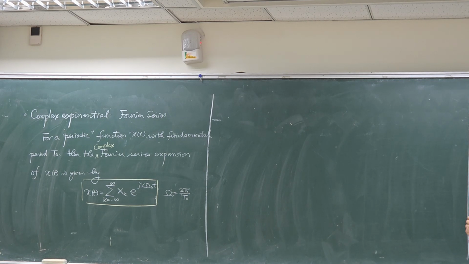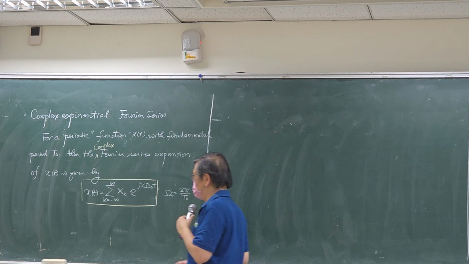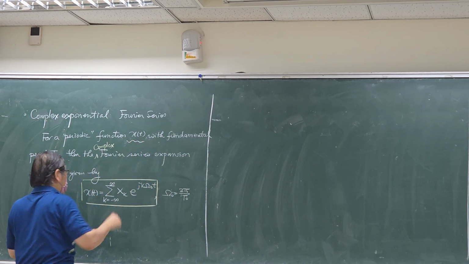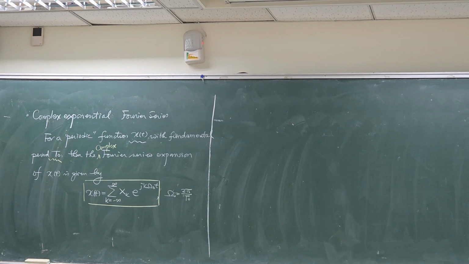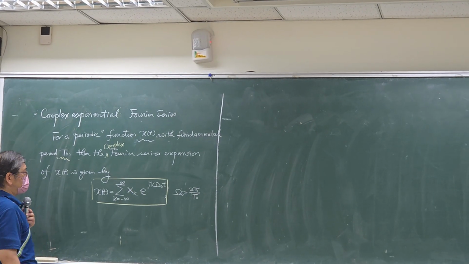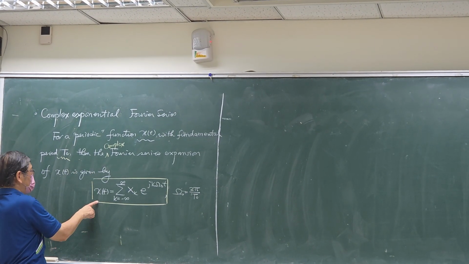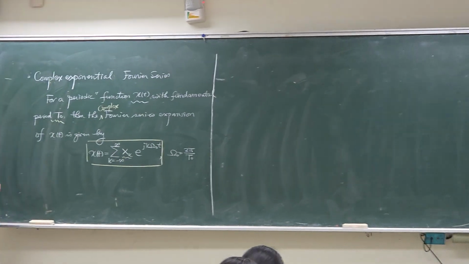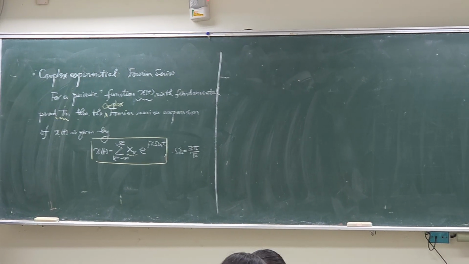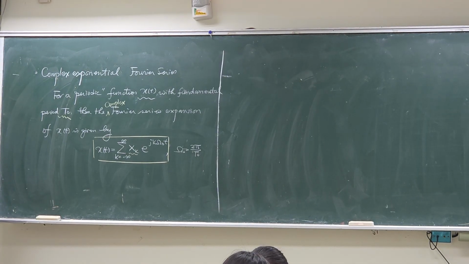Suppose we have a periodic function x of t. In general, this can be a complex function, but it is a periodic function. Let's assume the fundamental period of this function is t sub 0. Then the complex Fourier series of this function is given by x of t equal to the sum of a coefficient x of k times e to the j k omega sub 0 times t.